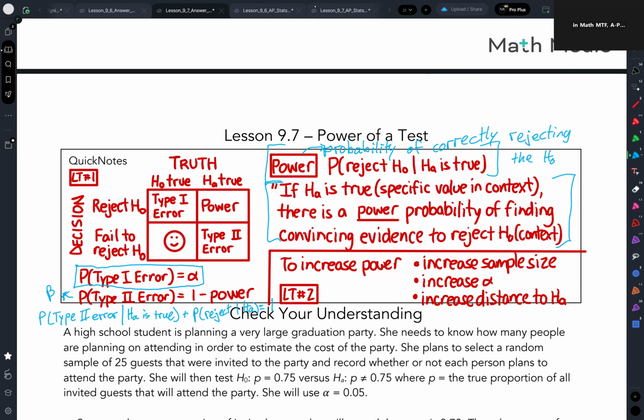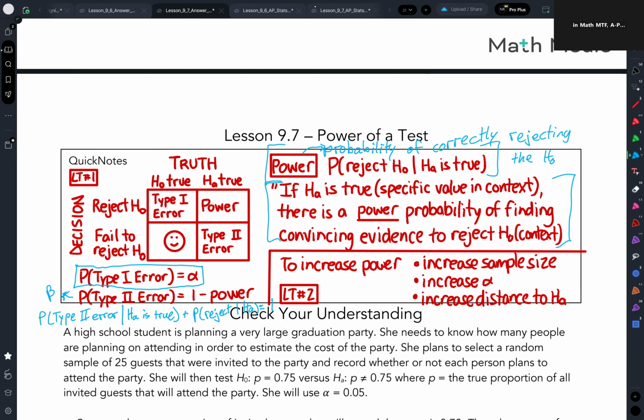And so we talked about this in class. If we want to increase the power, and we saw that in the video on April 3rd with the applet, if we increase our sample size, that's going to decrease the spread of our sampling distribution. That makes it easier to correctly detect that the alternative is different.